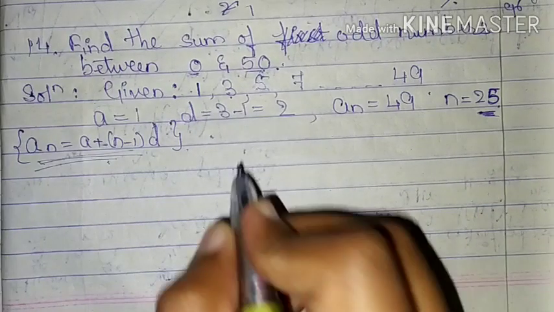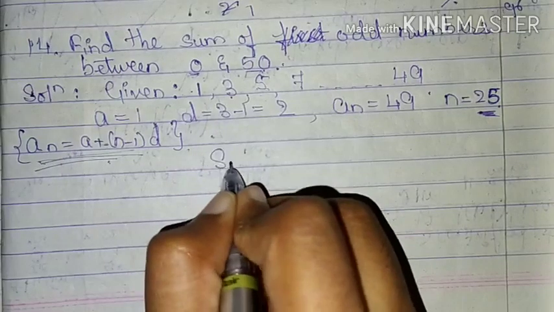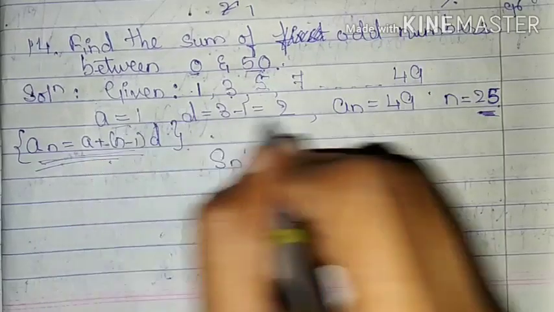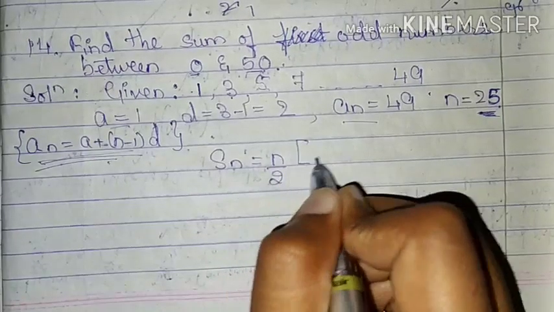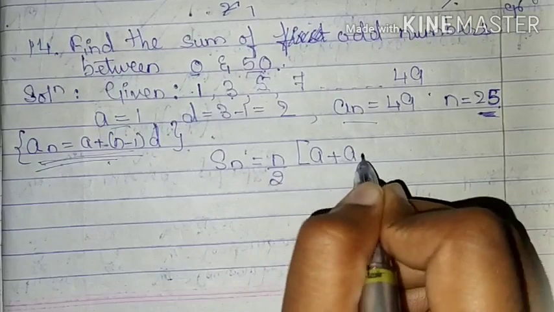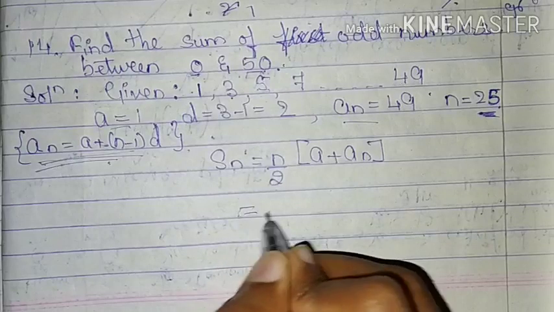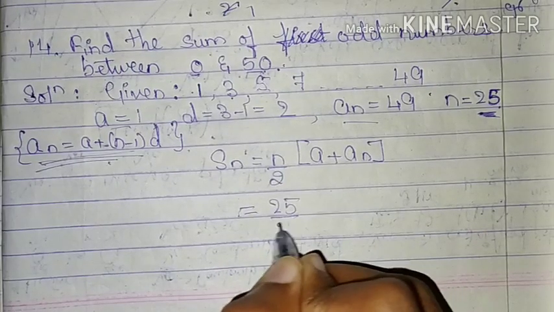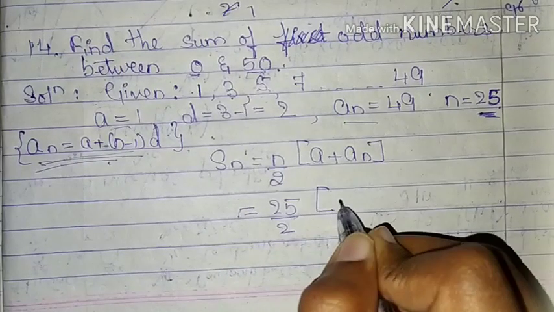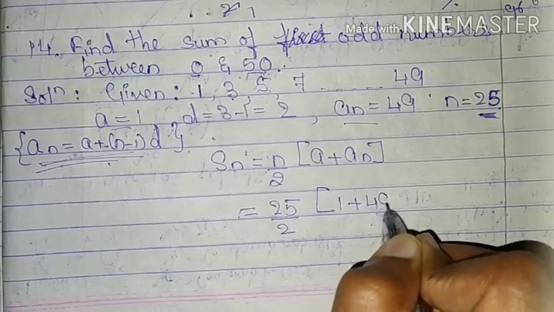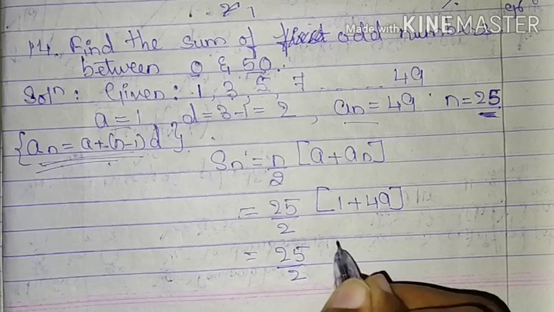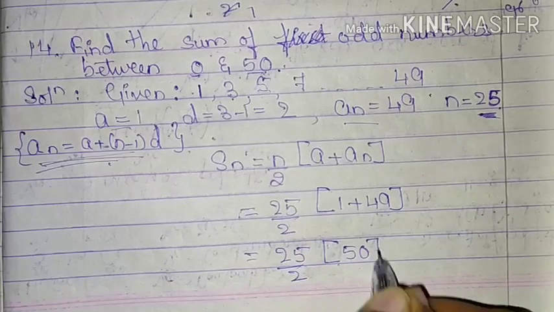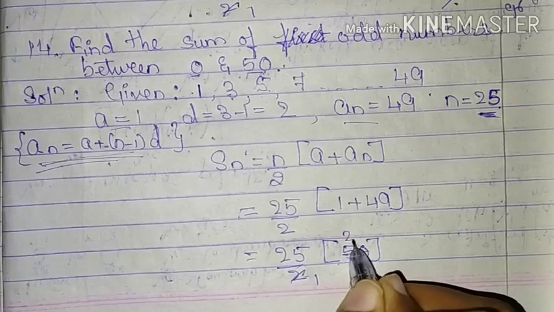To find the sum, since I have my first term and my last term, I will make use of the formula Sn is equal to n by 2 into (a plus an), which is equal to 25 by 2 into (1 plus 49), which is nothing but 25 by 2 into 50. 2 ones are 25.